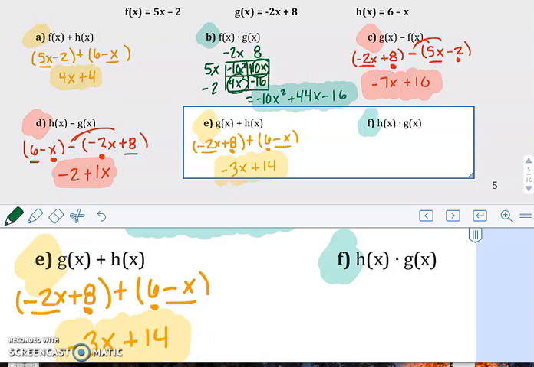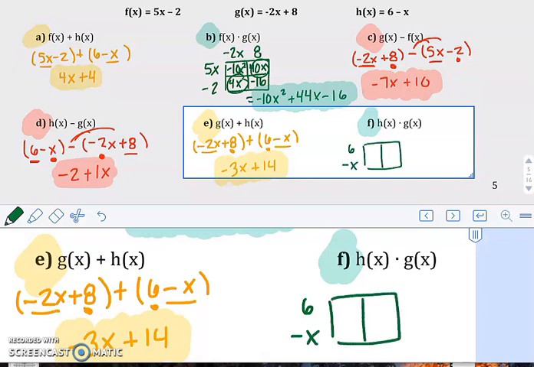And let's do letter F. h times g. So again, h is 6 minus x times g, which is negative 2x plus 8. So we get negative 12x.